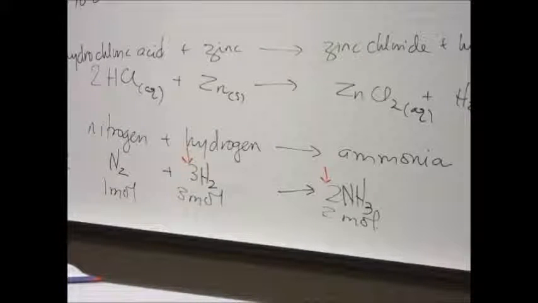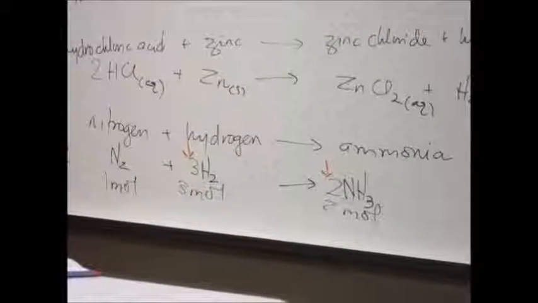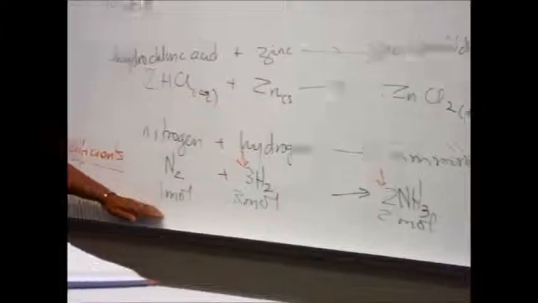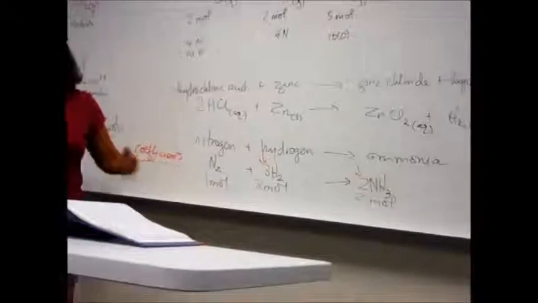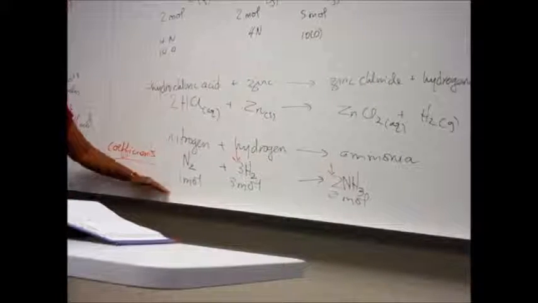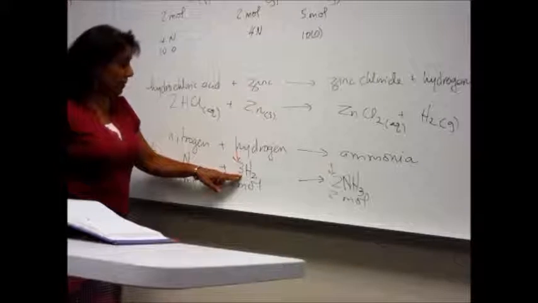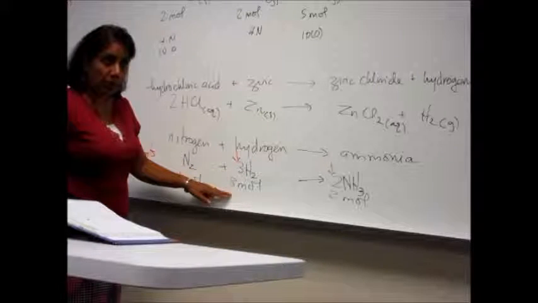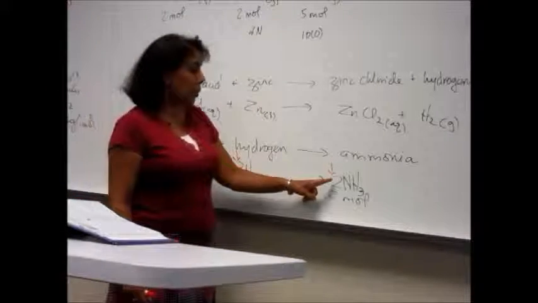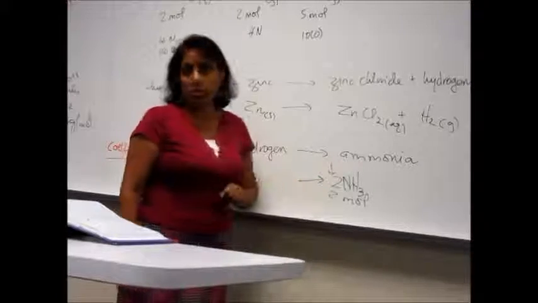If you don't write any number in front of any element, the coefficient is 1, because at least you have 1 molecule of it. That's why I like writing the 1 mole. I like to think in moles, because then I know that my coefficient is 1. Over here, this is 3 in front of hydrogen, so I have a coefficient of 3 and 3 moles, and my coefficient here is 2, which is then 2 moles.